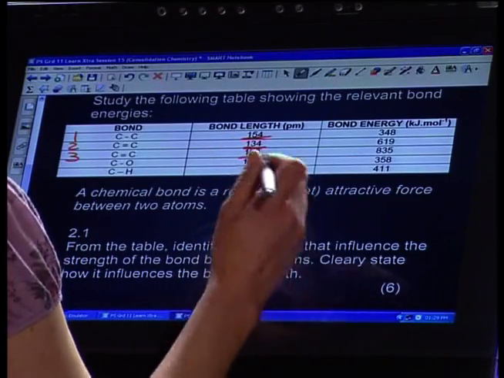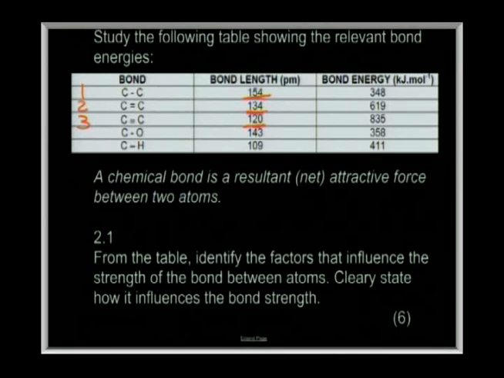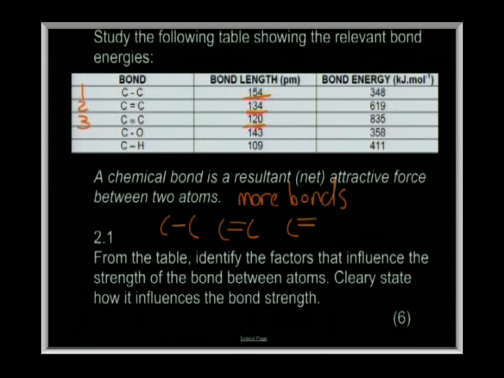So let's just make a note. More bonds, and we can perhaps say that we mean by that from single carbon bond to double carbon bond to triple carbon bond. The more bonds, the shorter the bond length, which makes sense, because if there's more bonds, they are held more tightly with a bigger force. The shorter the bond length.